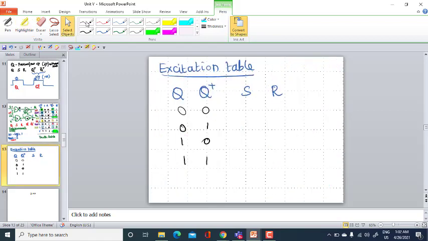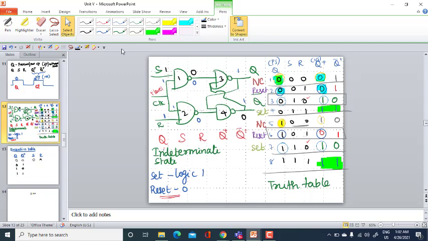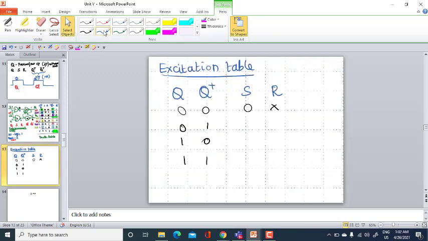So here S takes the value of 0, R takes the value of X. Next, the 0 and 1 combination. I won't be considering the indeterminate state. For that combination, this is 1 and 0.